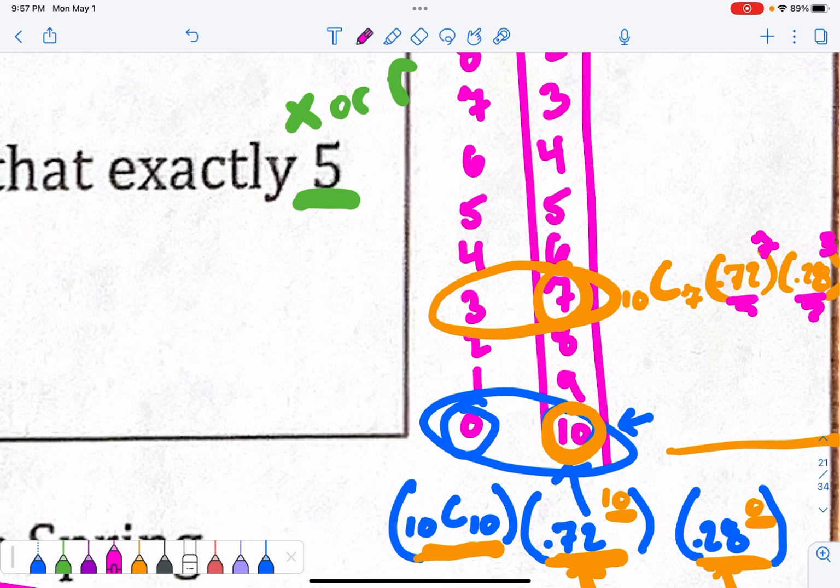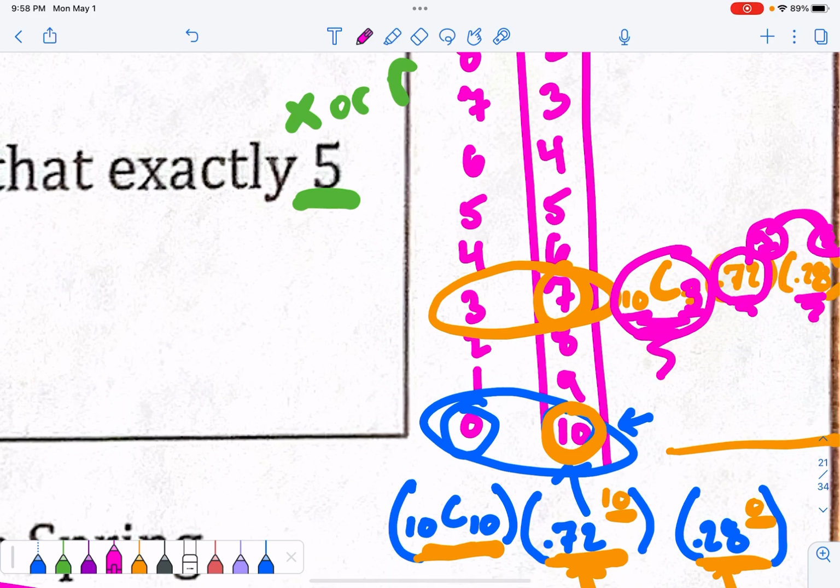Okay, now, just FYI, 10C7 is going to be the same number as 10C3. So if you accidentally put 10C3 instead, just as long as you get these numbers in the right spot, I do want the 7 to go with the 72 and the 3 to go with the 28, okay? But just look and see which number is going where.